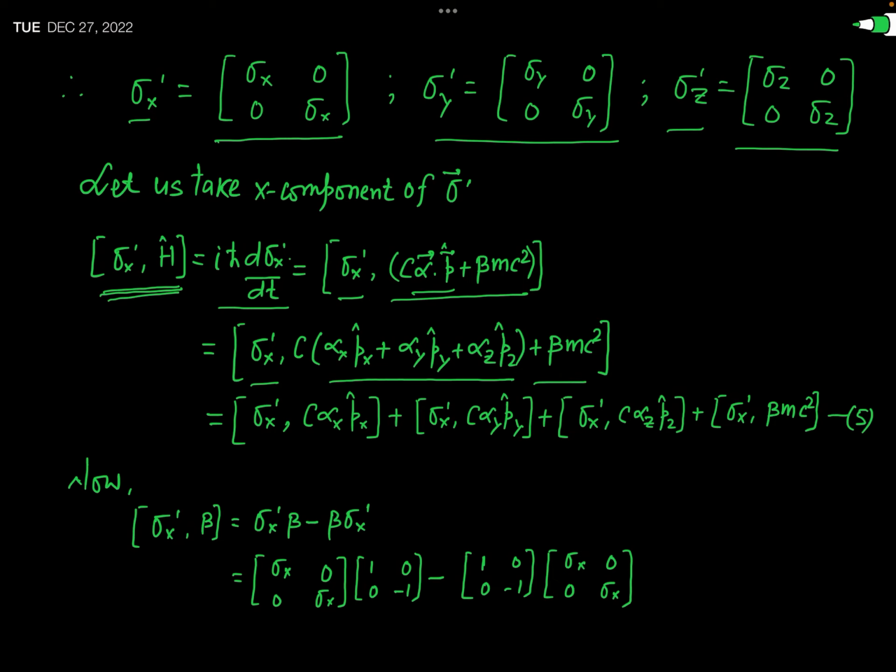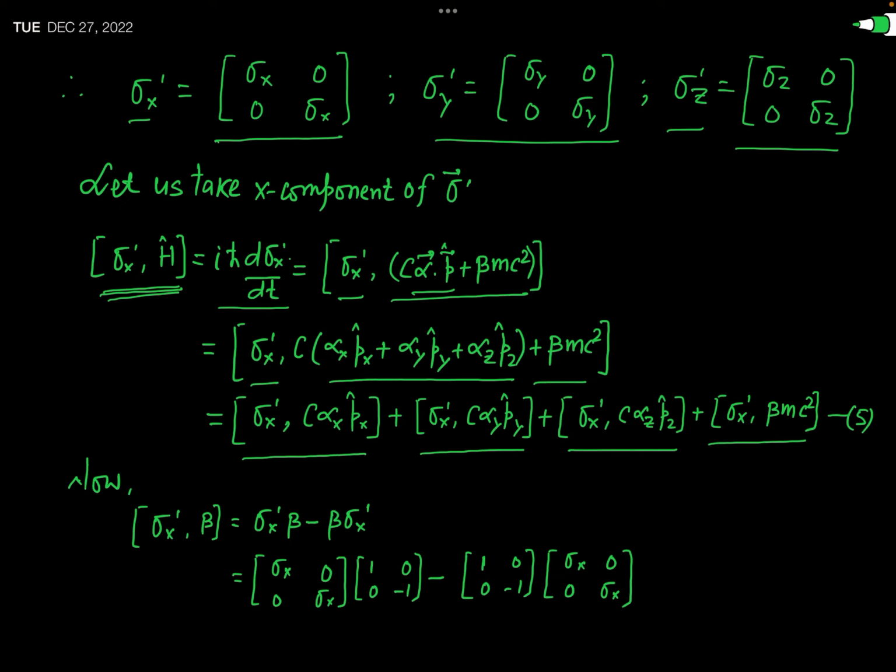Using the properties of the commutator, you can write this as the sum of different commutators: the commutator of sigma x dashed and c alpha x px, plus the commutator of sigma x dashed and c alpha y py, plus the commutator of sigma x dashed and c alpha z pz, plus the commutator of sigma x dashed and beta m c square.